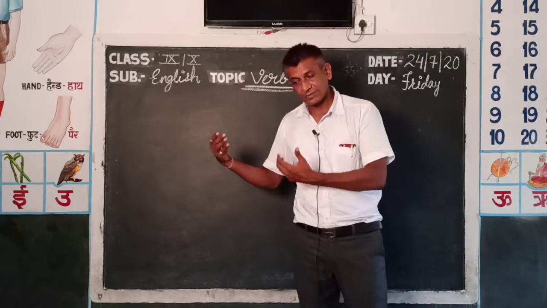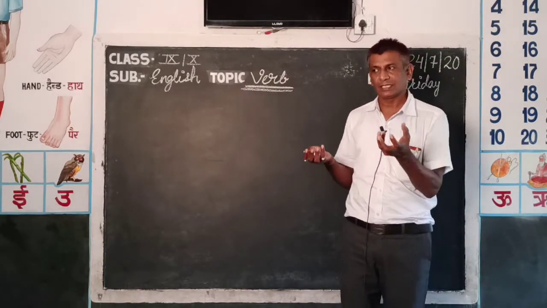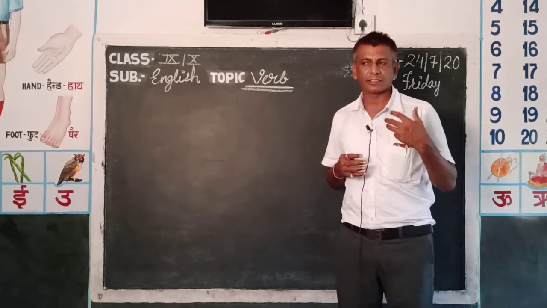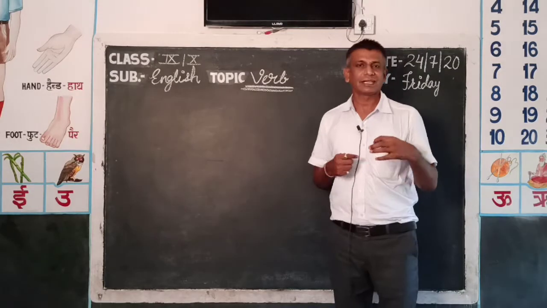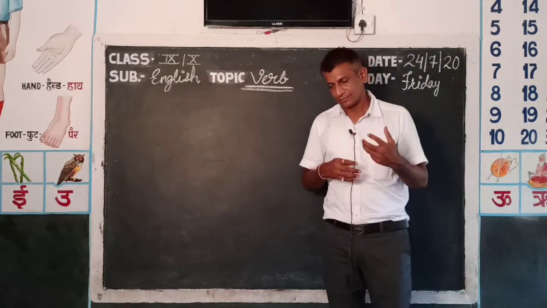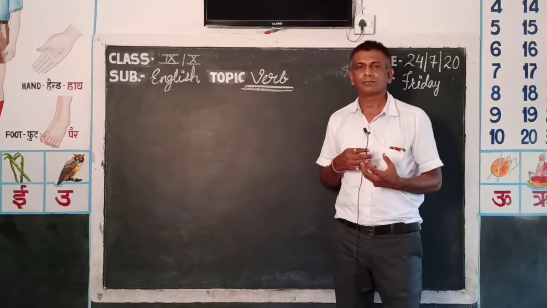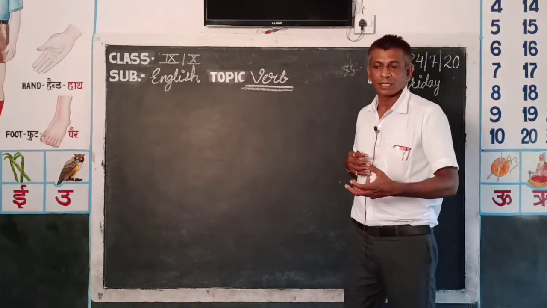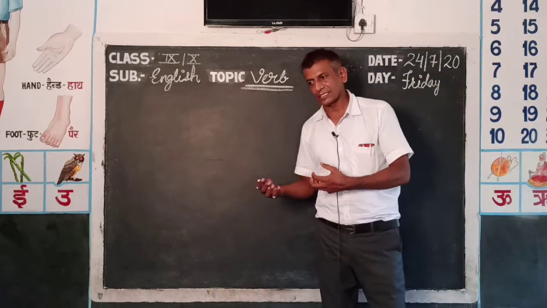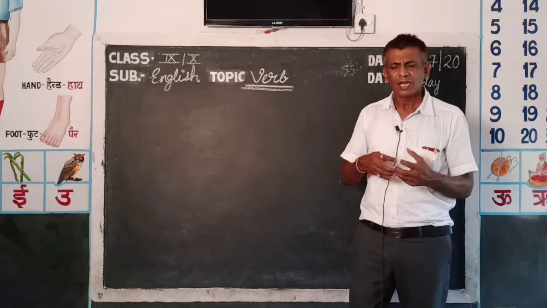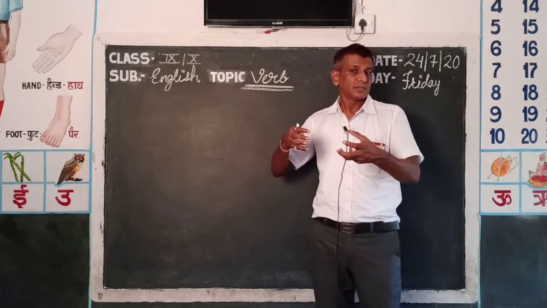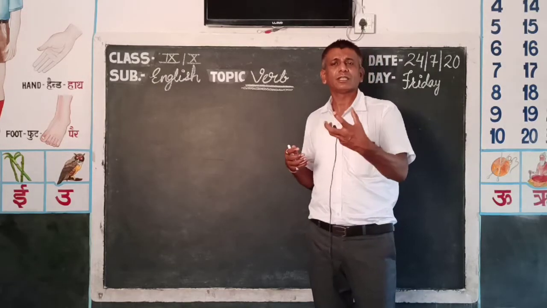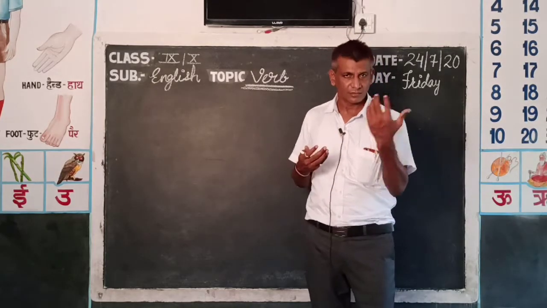And apart from that, there are types of verbs like regular verb, irregular verb, definite verb, indefinite verb, transitive verb and intransitive verb. According to their use, we have divided the verb into many parts.